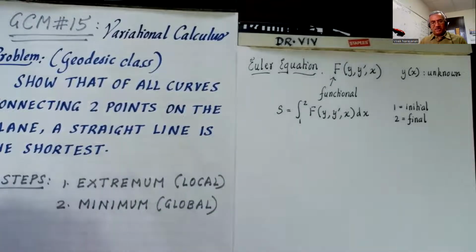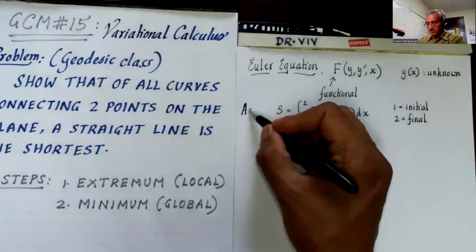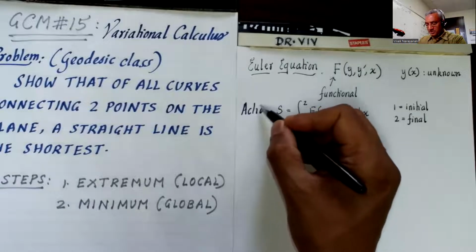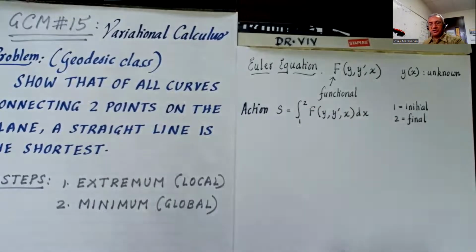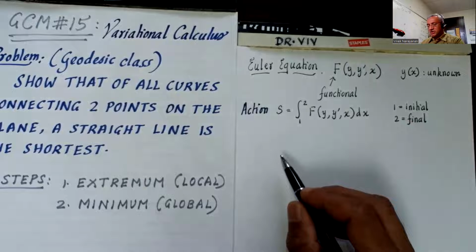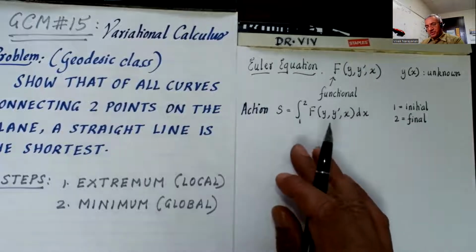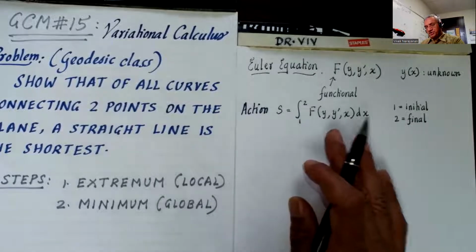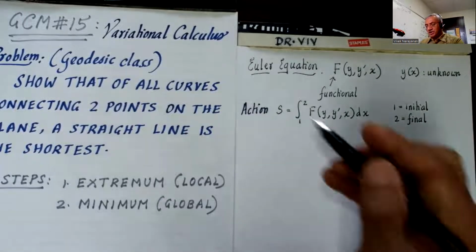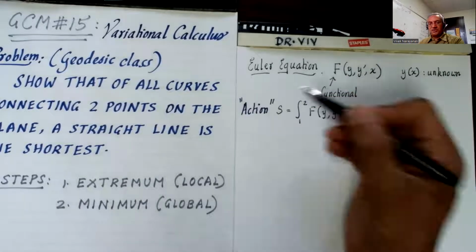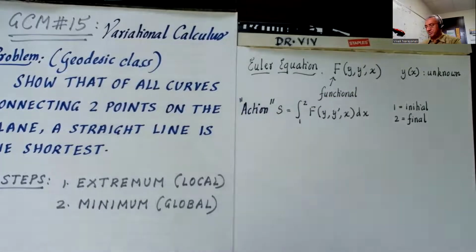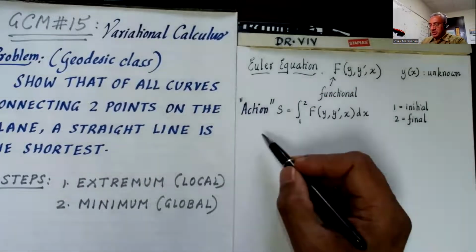Now, for extremization, the quantity capital S is called the action in physics. So we'll stick with that terminology. So the action has to be extremized. Strictly speaking, the action is the integral of the Lagrangian dt, but I shall call it the action within quotes if you like, because it's the same family.